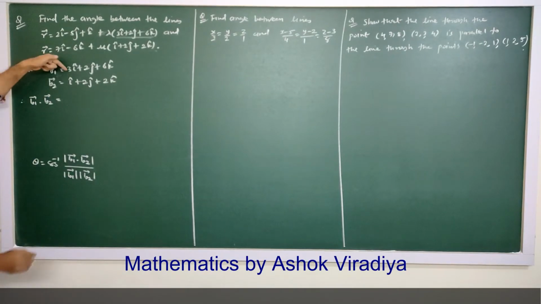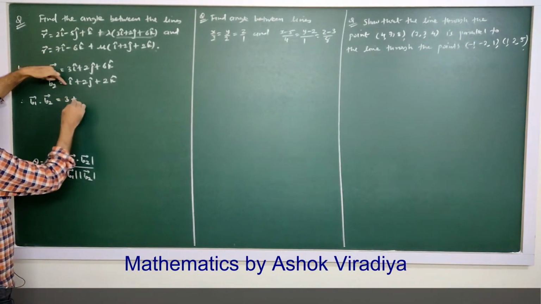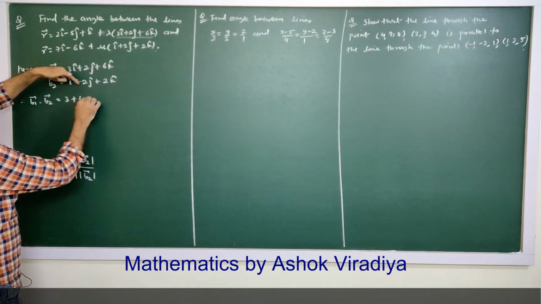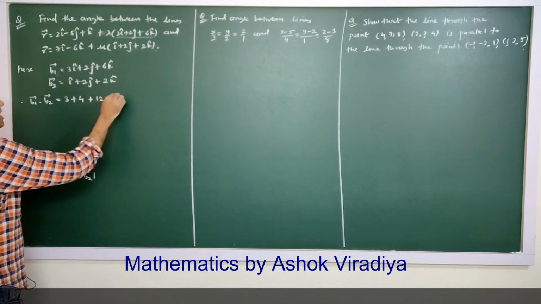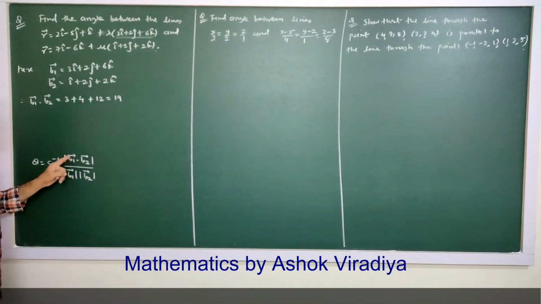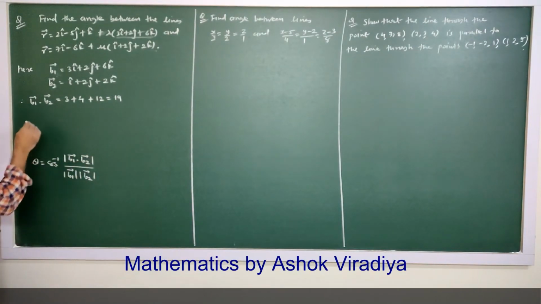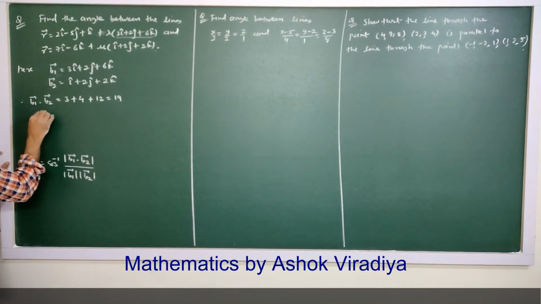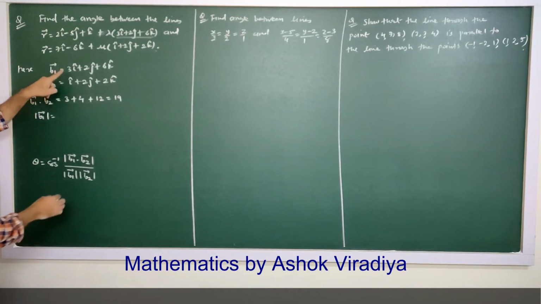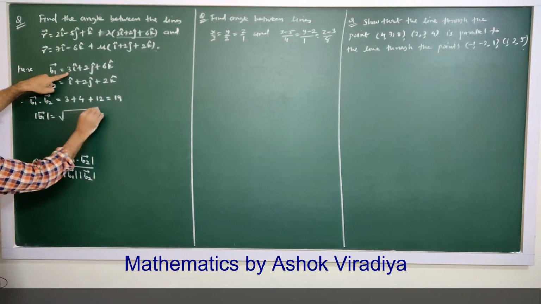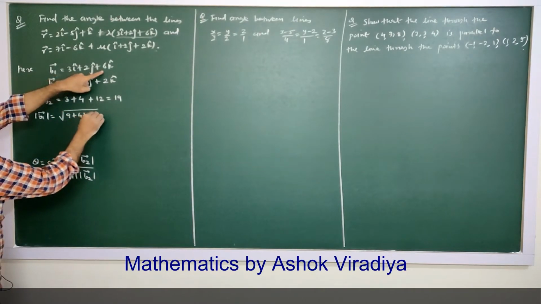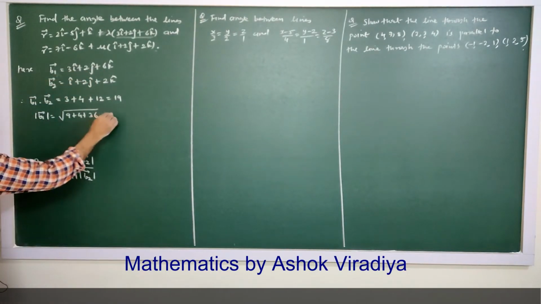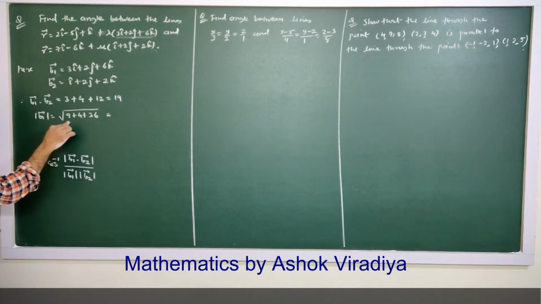So to substitute values, we find the dot product B1 dot B2. The dot product is 3 into 1 is 3, plus 2 into 2 is 4, plus 6 into 2 is 12, that is 19. So this value is 19. Magnitude of B1 is square root of 9 plus 4 plus 36, so this is square root of 49.